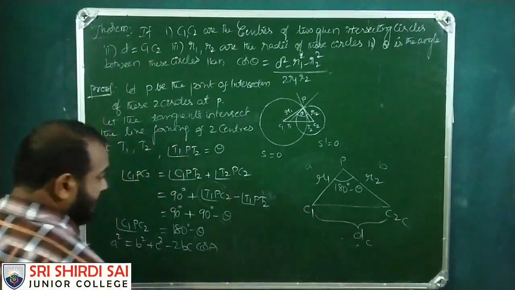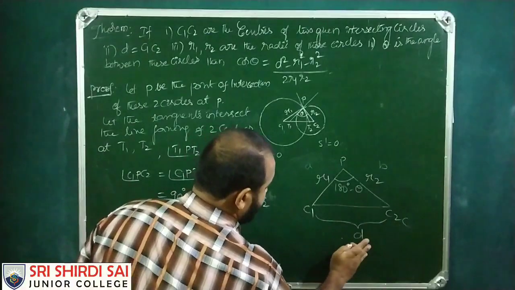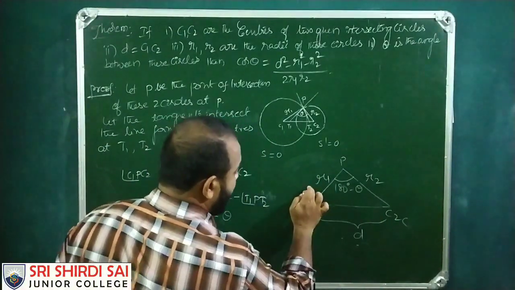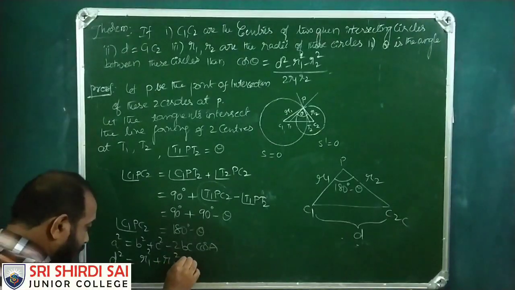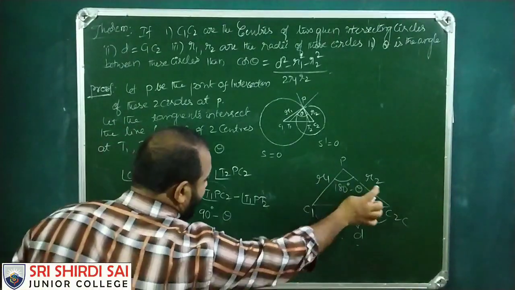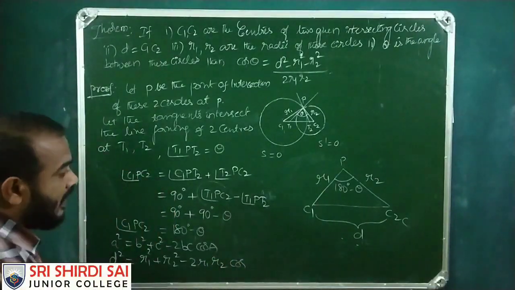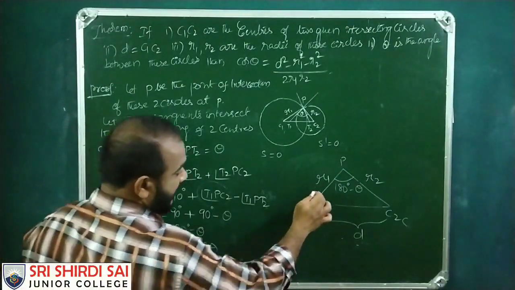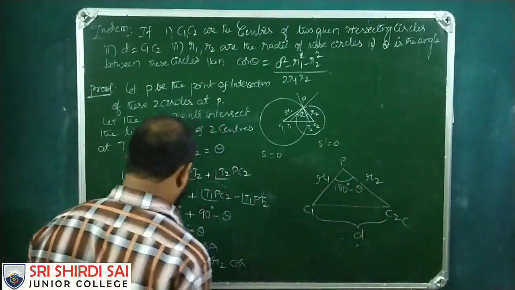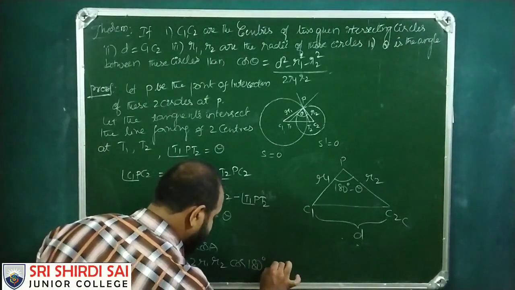D square equals R1 square plus R2 square minus 2 R1 R2 cos of the angle C1PC2, that is, 180 degrees minus theta.